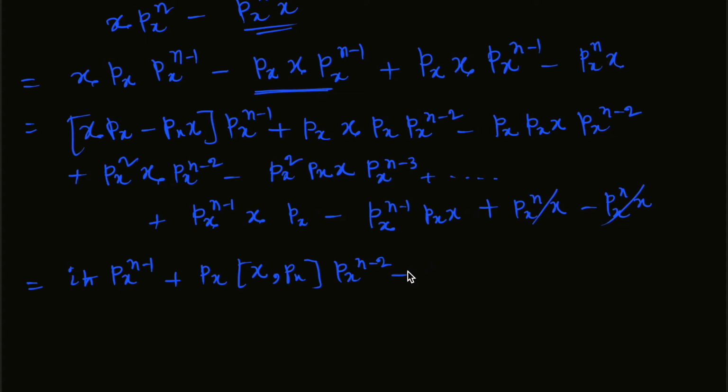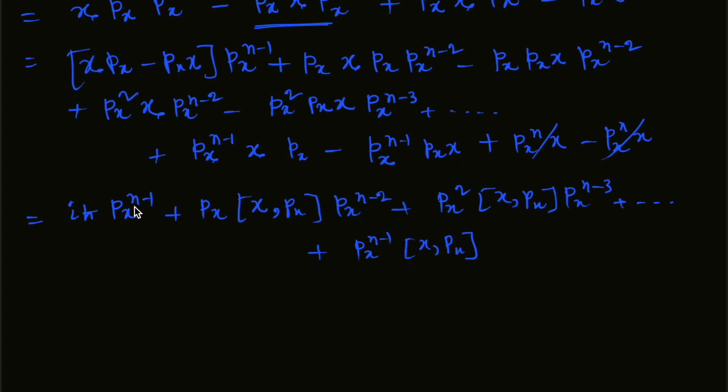These two terms will be px square x px n minus 3. This will add to the last term, that will be px n minus 1 x px. So that means we'll get 1, 2. So we'll get n such terms.